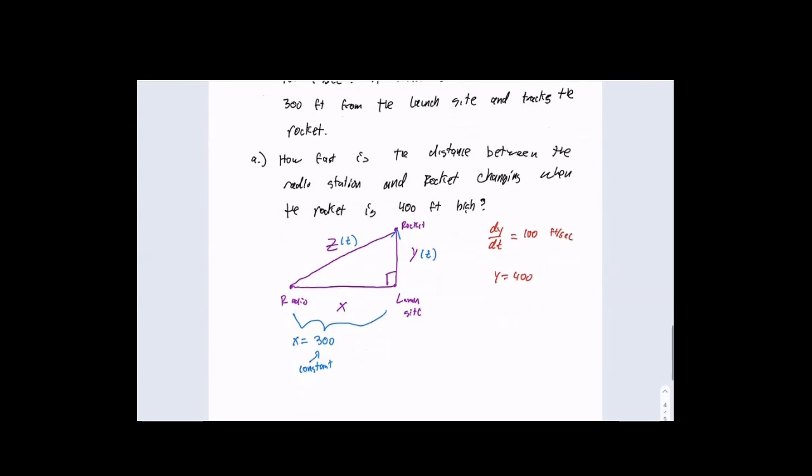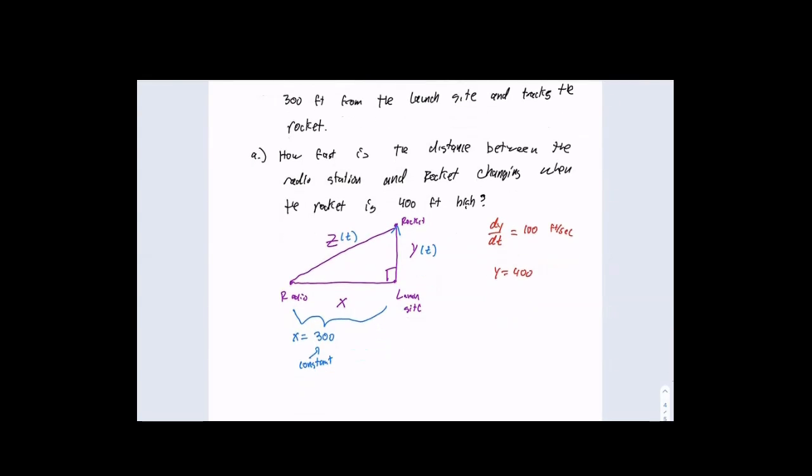All right. And what is the question asking me to find? How is the distance between the radio station and rocket changing? So what are they asking me to find? Thank you, Ariana. dz dt.